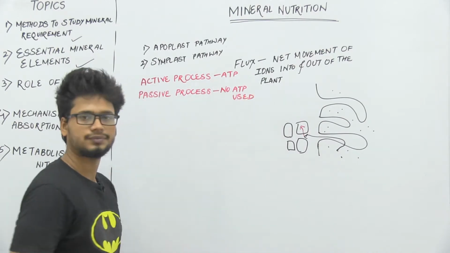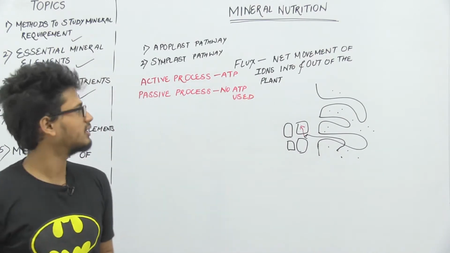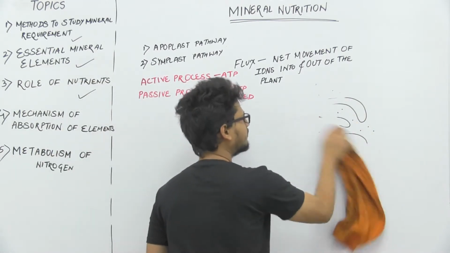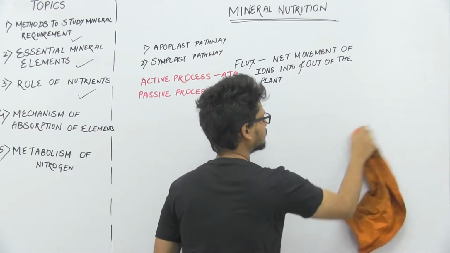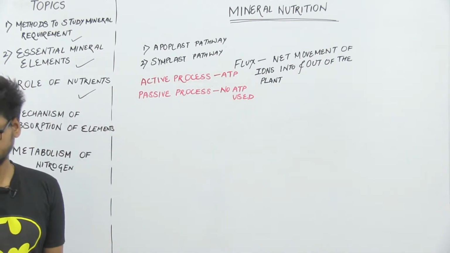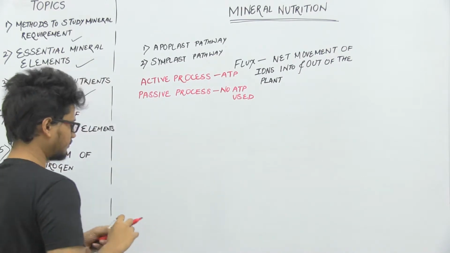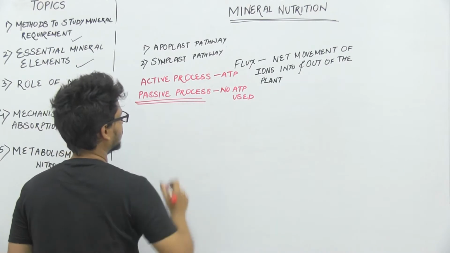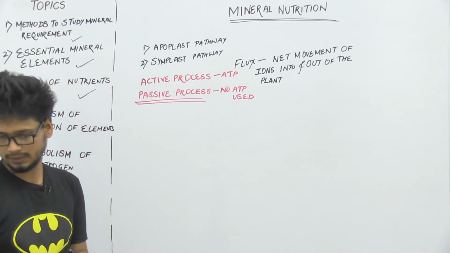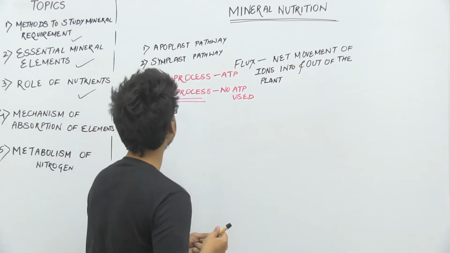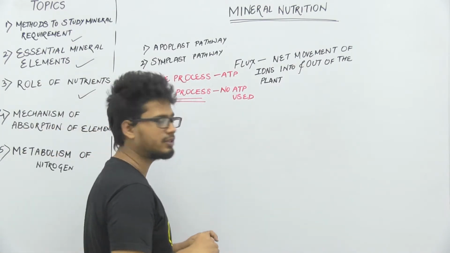Okay, so we'll discuss what are the methods for passive first, then we'll move to active. So we'll talk about passive first. Now there are different theories that are given for passive absorption.